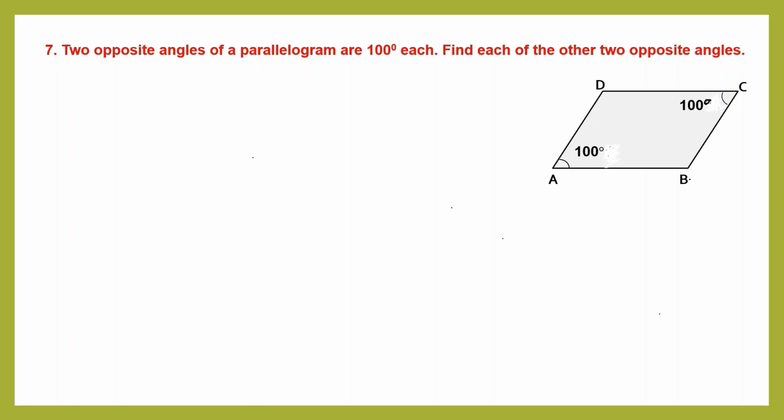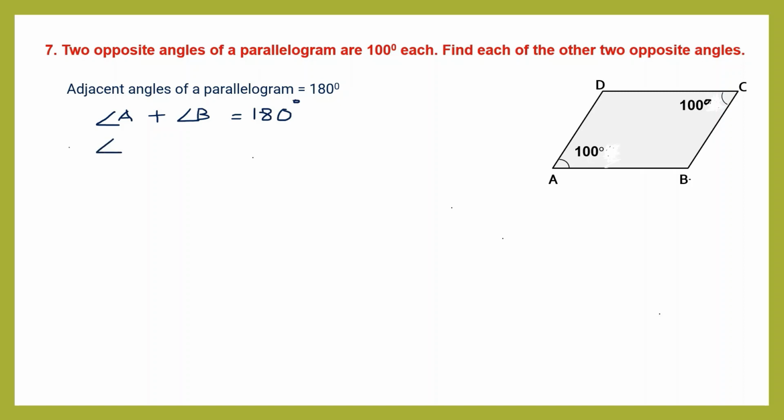Opposite angles are equal. So A and C are both 100 degrees each, and the adjacent angles A and B will be equal to 180 degrees. So let's find angles B and D. Adjacent angles of a parallelogram equal 180 degrees. So we have angle A plus angle B will be equal to 180 degrees.